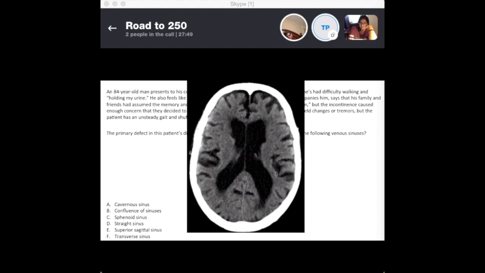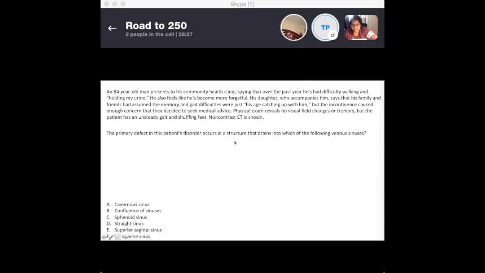So we're talking normal pressure hydrocephalus together. Right. So these are the transverse sinuses that are dilated. The question is, the disorder occurs in a structure that drains into which of the following sinuses?